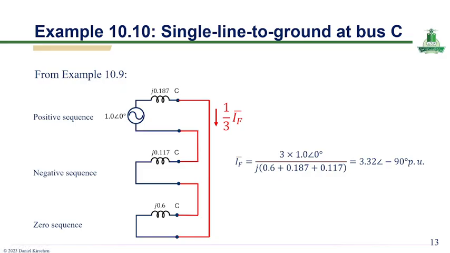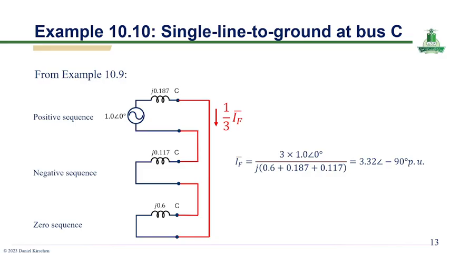For a single line to ground fault, these three sequence networks are connected in series and each carries the same current equal to 1/3 of the total fault current. The pre-fault voltage at the bus is assumed to be 1 per unit, which is used as the Thevenin voltage in the positive sequence network.